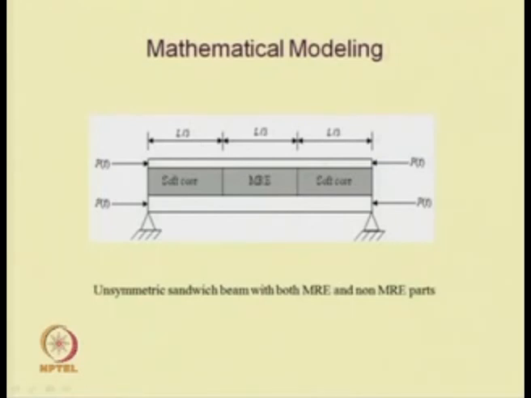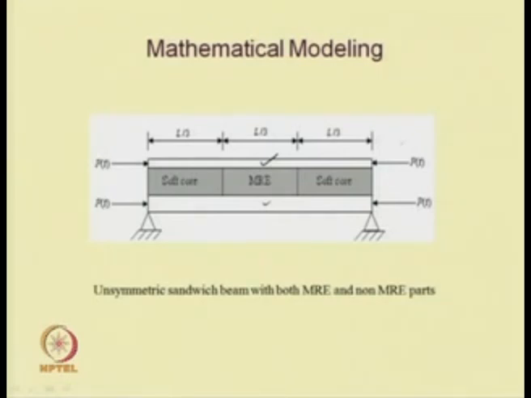In the sandwich beam, this is the core element, both are skins and this is the core. In this core one can use a viscoelastic or elastic material. Also one can use a magnetorheological elastomer. So, by taking different properties and taking this force, one can derive the equation of motion.